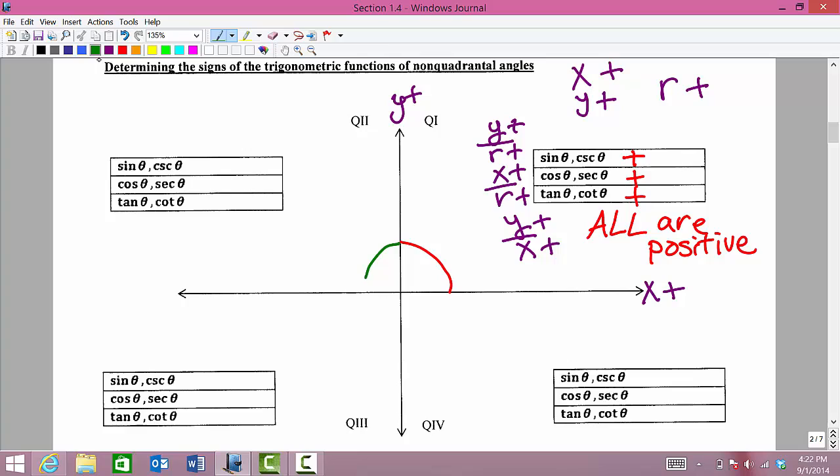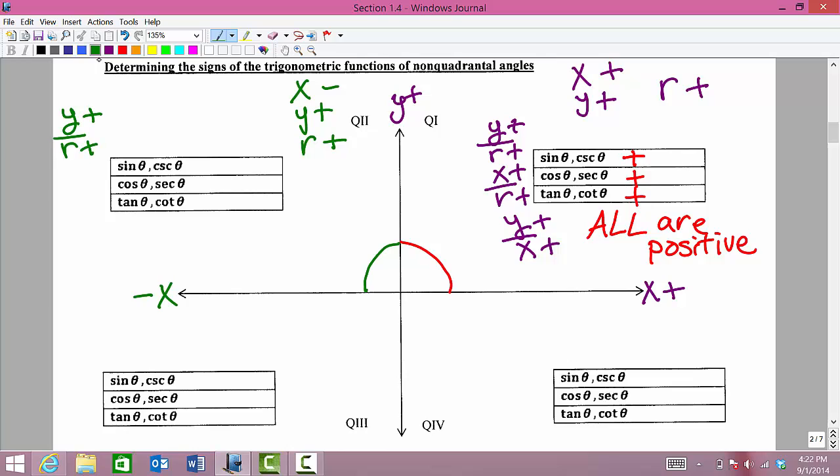What about quadrant 2? In quadrant 2, x is negative and y is still positive. So here, x is negative, y is positive, and r, once again, is always positive. So let's look at sine. Sine would be y divided by r, a positive value divided by a positive value.